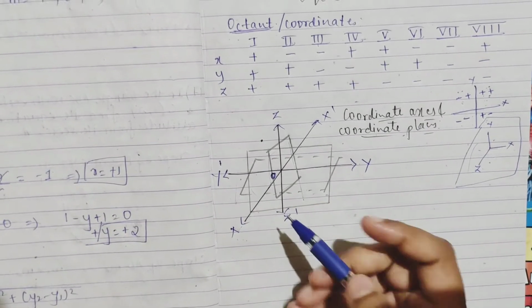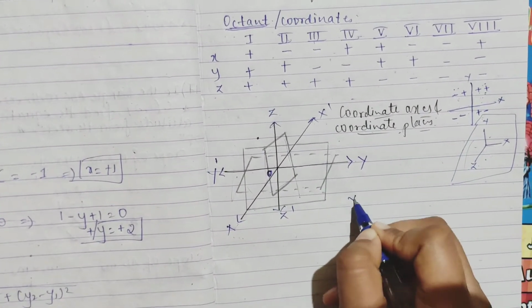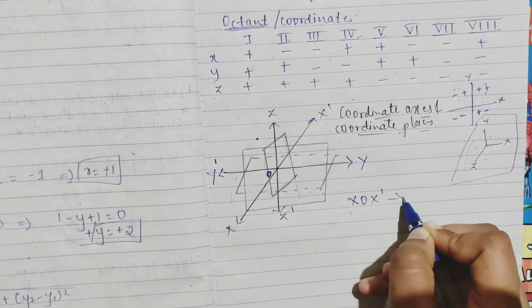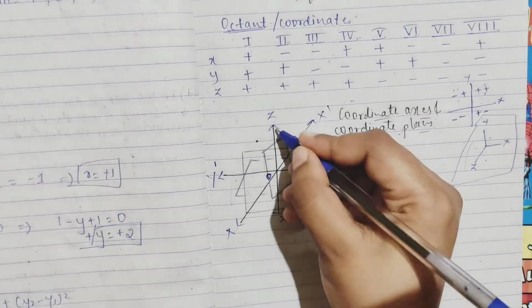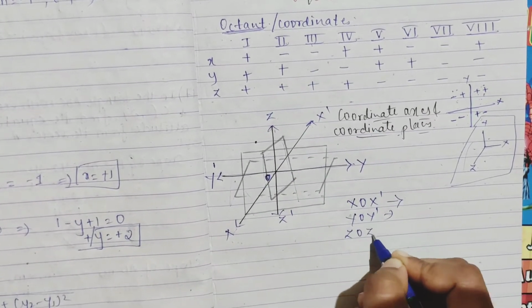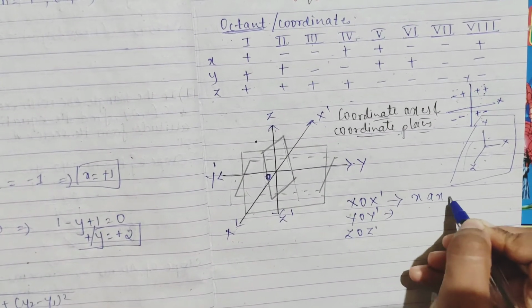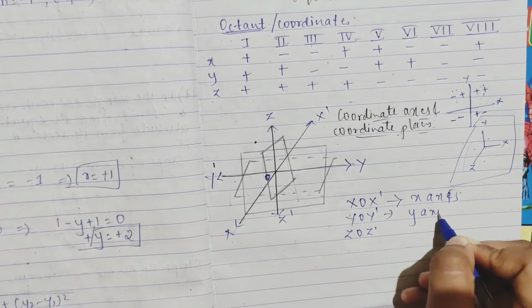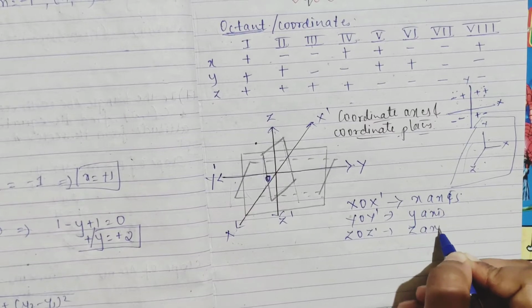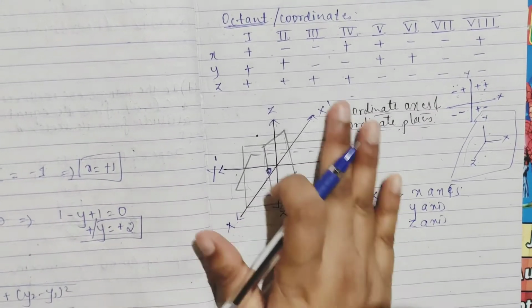You can see the lines X O X dash, Y O Y dash and Z O Z dash. These are called your x axis, y axis and z axis. It is given like this in three dimensions.